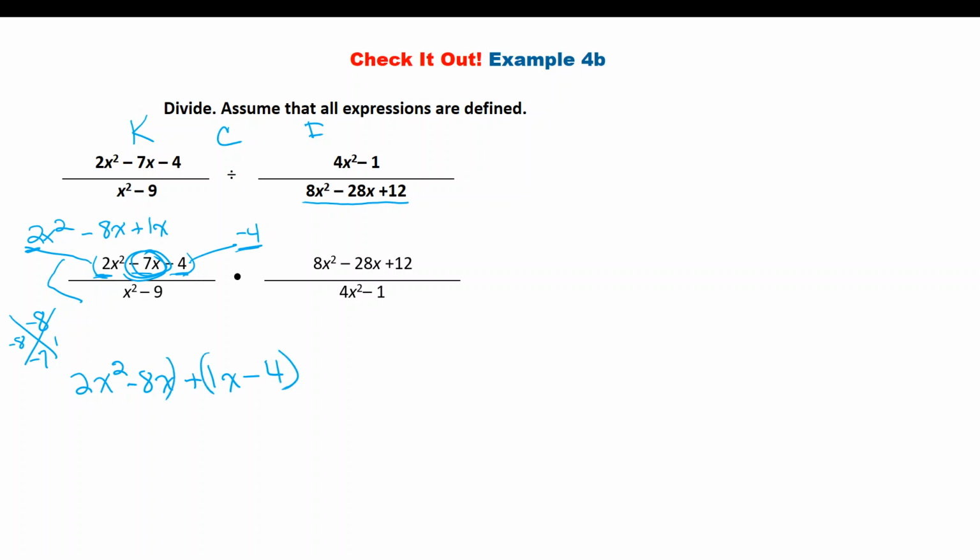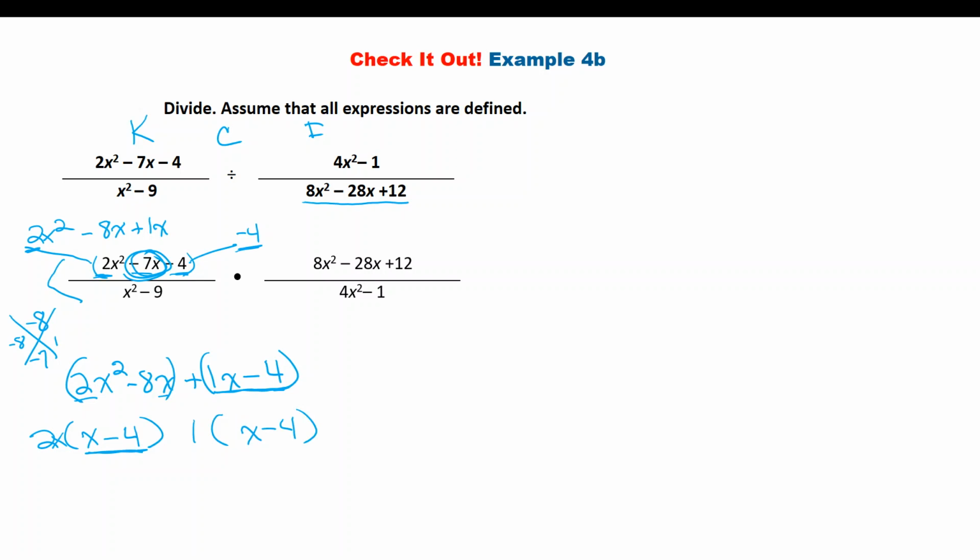All right, so I'm going to group these together and see if I can factor again, and I can. I can see that there's a 2x I could factor out, so that leaves me with x minus 4. And then here, I already have an x minus 4, so I'm just going to factor out a 1, or just remember that there is a 1 there, so that's going to be 1x minus 4, or just x minus 4.